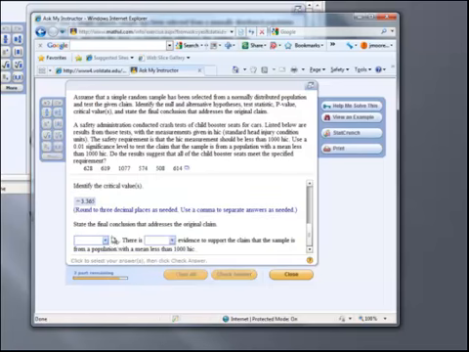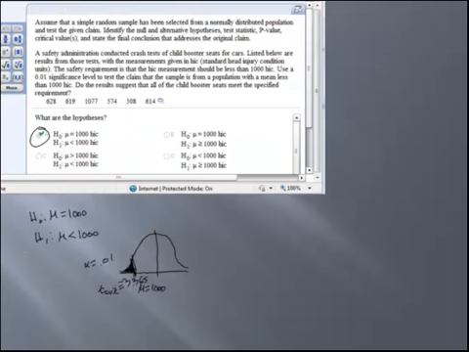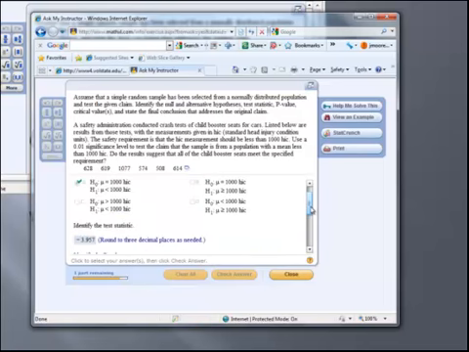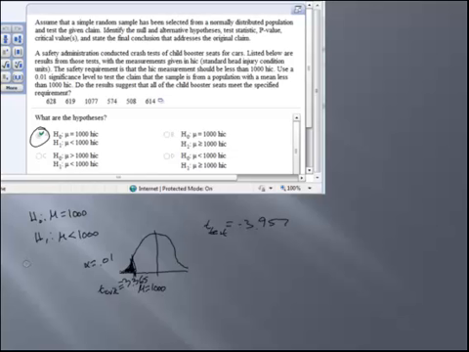Now we need to draw our conclusion. Let's go back to this thing here. What we found was that our t-test value was minus 3.957, and we put that in here. Now, this value, minus 3.957, is less than minus 3.365.